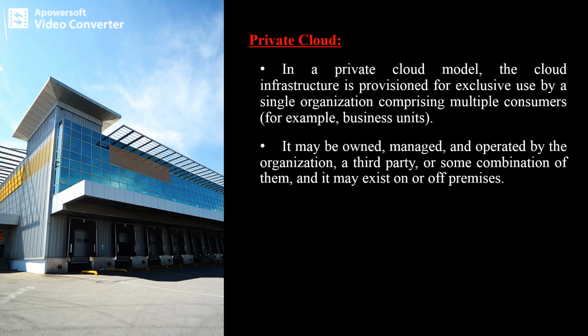Next one is the private model. In the case of the private model, the cloud infrastructure is provisioned for exclusive use by a single organization. So the cloud platform is completely private to that respective organization, though within the organization there may be multiple users.